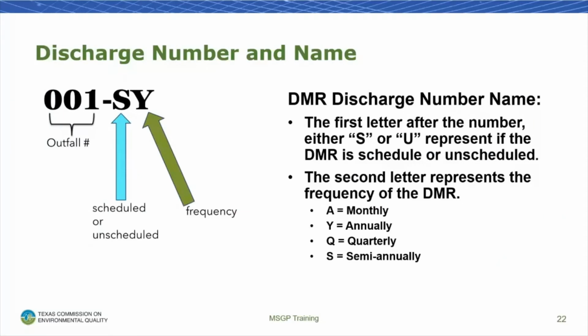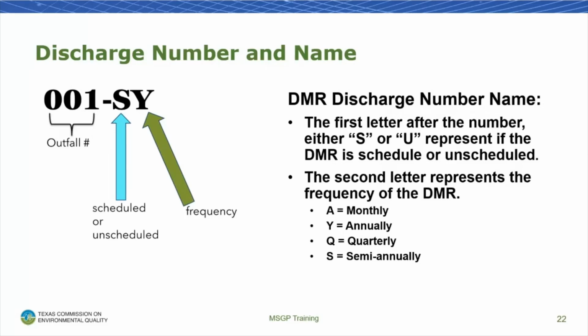So in the previous slide, we talked about the outfall and the discharge number and name. So this is just to explain what you're looking at. The first one will be the outfall number. So if you have multiple outfalls, they'll each be there by their number. Then the letter after that represents if it's scheduled or unscheduled.